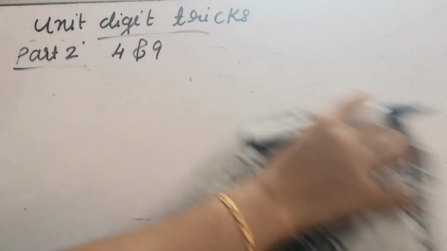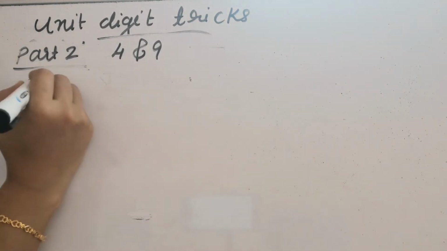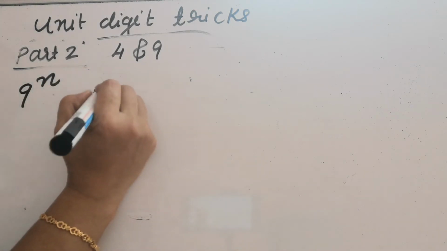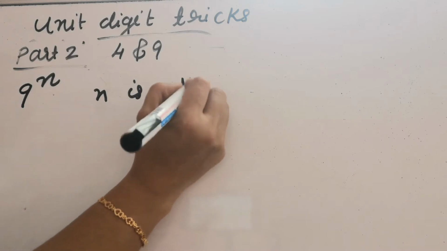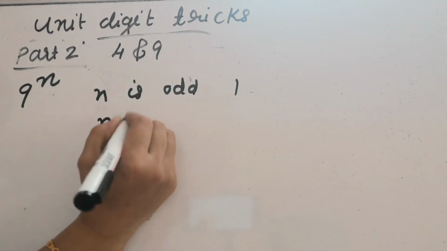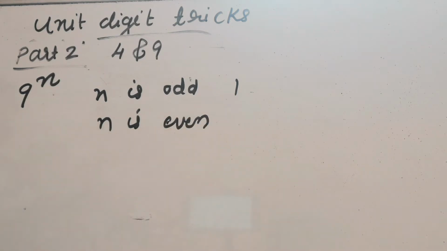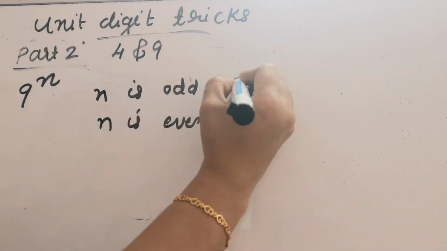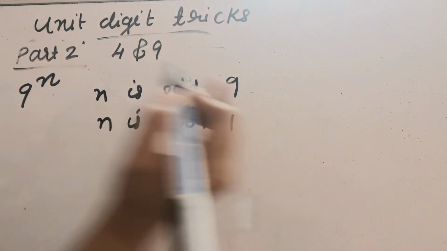In the same way, the rule for 9. For 9 raised to n, if n is odd, the unit digit is 9, and if n is even, it is 1.